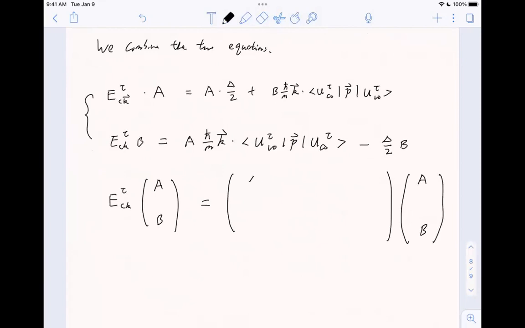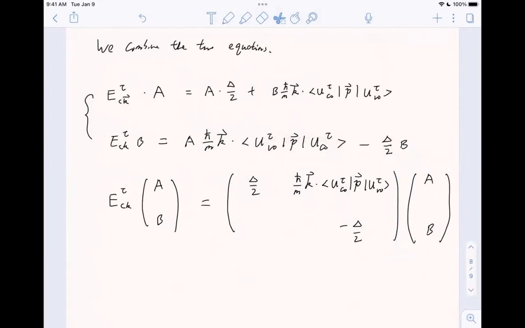This is delta 2. This is negative delta 2. Okay, we're getting there. So B is H bar over MK dot, and then H bar over MK dot U V0.